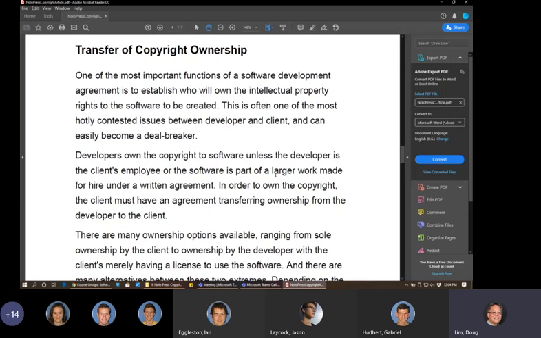This is often a hotly contested issue between developer and client and can easily be a deal breaker, especially if the client is another software company or has software development capabilities. Then this can become a big issue, especially if the client is planning on maintaining or extending the software after the deliverables are provided.